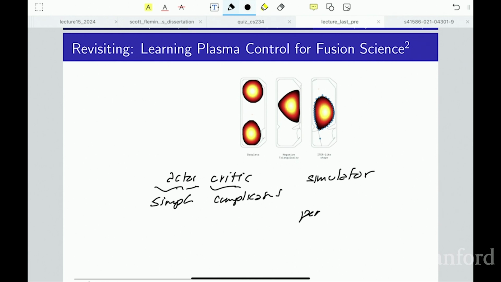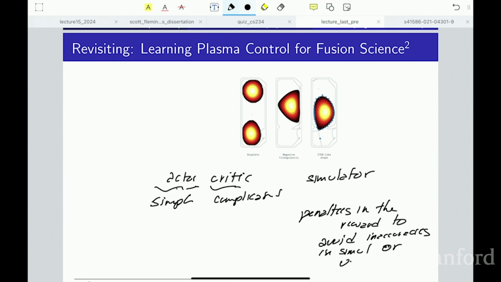We put penalties in the reward to avoid inaccuracies in the simulator or unsafe outcomes. And so this is very similar to this pessimism over the places where we're uncertain, whether because of data sparsity or because of known problems in our simulator.